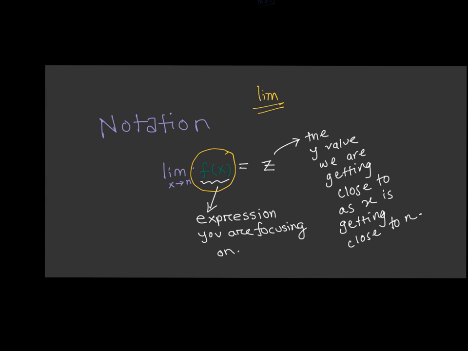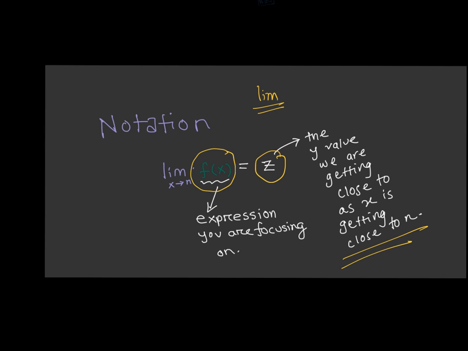And under the limit notation we are going to write the x value that the function is trying to approach, that is basically the independent value, the value that we are trying to go towards. And the value which we are approaching at the end is on the right hand side of the equal sign, that is z. So z basically says the y value we are getting close to as x is getting close to n, right?